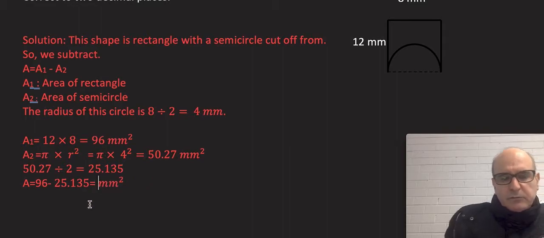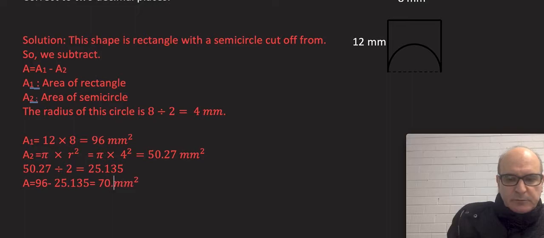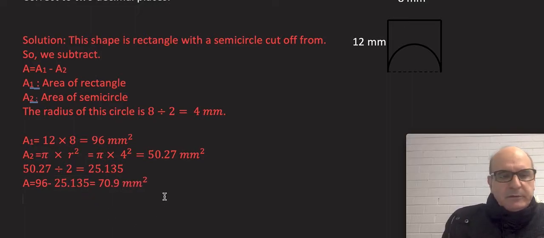We want only one decimal place, so that gives us 70.9. 70.9 square millimeters will be the answer to this, to one decimal place.